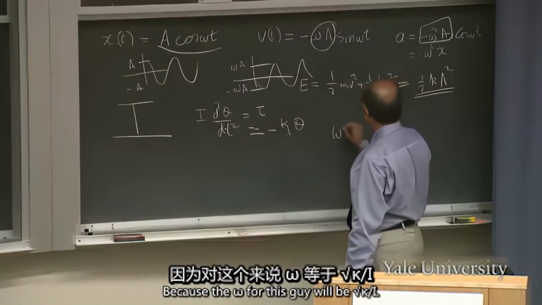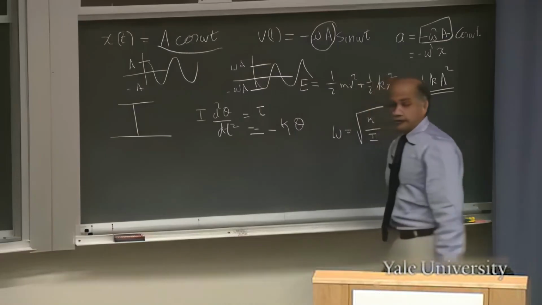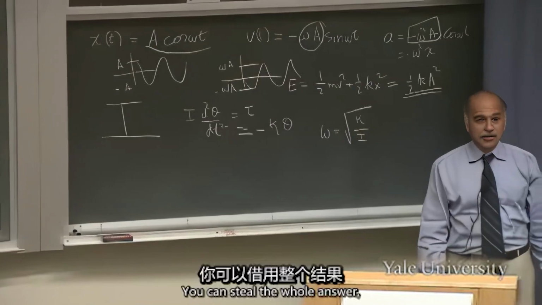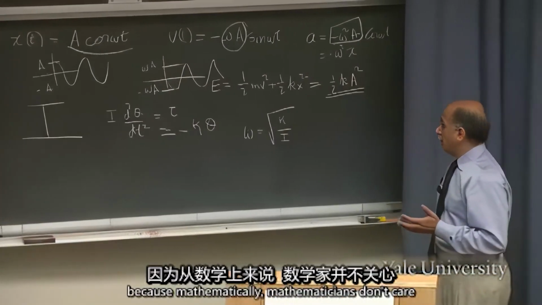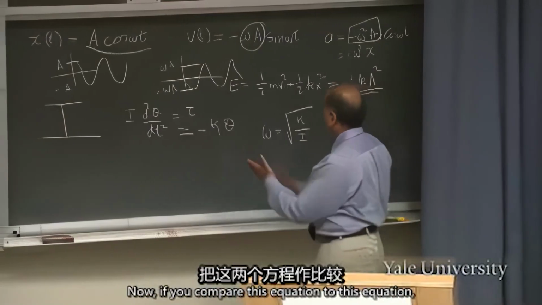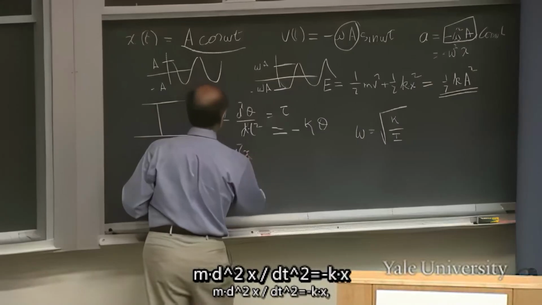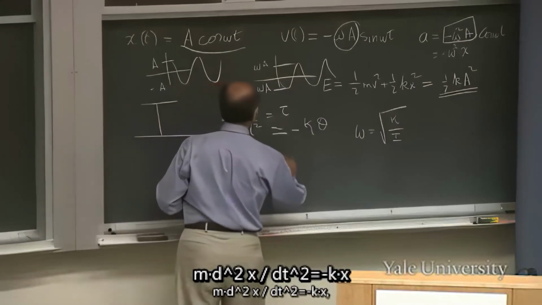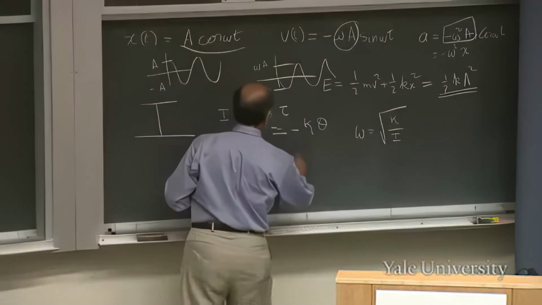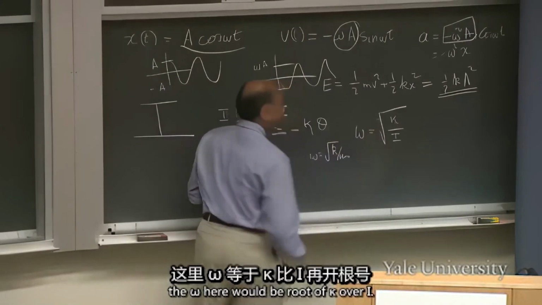Because the omega for this guy will be square root of kappa over I. You can steal the whole answer, because mathematicians don't care if you're talking about theta or if you're talking about x. If the omega there was root of k over m, the omega here will be root of kappa over I.